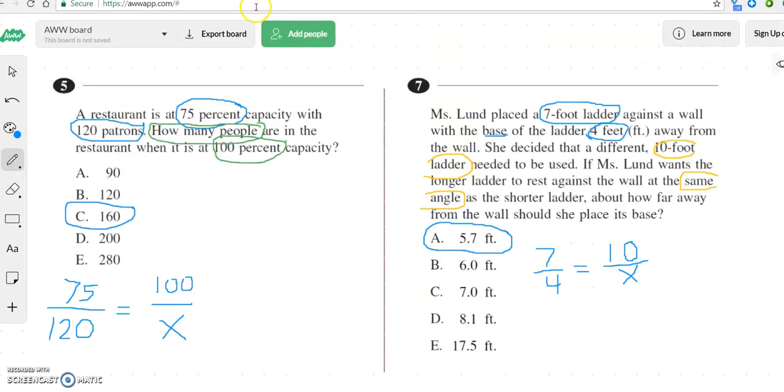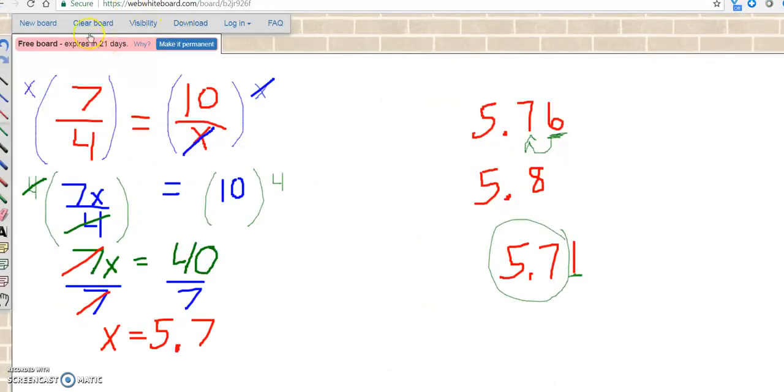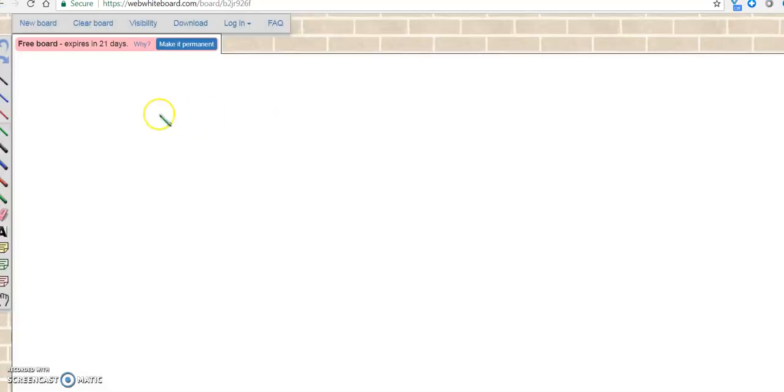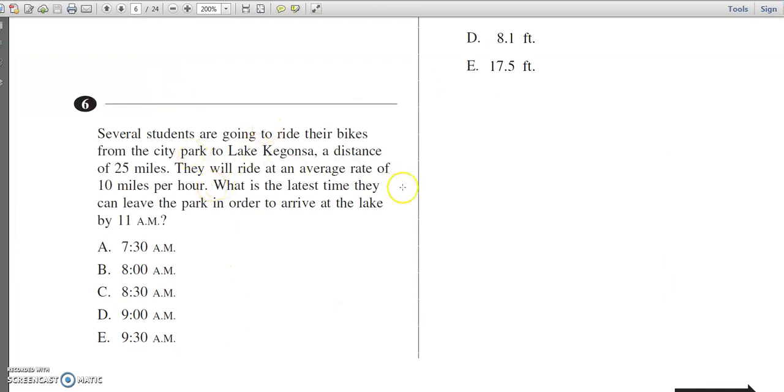Okay? So, keeping that in mind, if we have 2.5 hours, and our end time needs to be 11 o'clock, it says they'll ride at an average rate of 10 miles an hour. What is the latest time they can leave the park in order to arrive at the lake by 11 a.m.? We need to take 11 a.m. and subtract 2.5 hours from it.